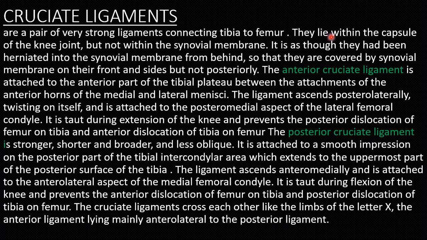Intracapsular but extrasynovial. It is as if they have been herniated into the synovial membrane from behind. So they are covered by the synovial membrane only anteriorly and on the sides. Posteriorly, the synovial membrane is deficient. Now, the anterior cruciate ligament is attached to the anterior part of the tibial plateau between the attachments of the anterior horns of medial and lateral knee menisci.